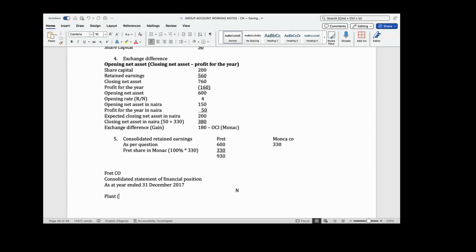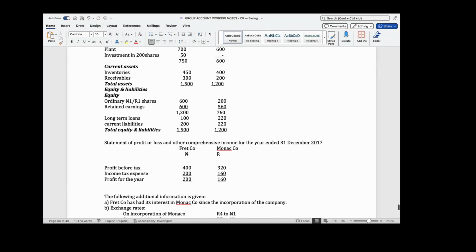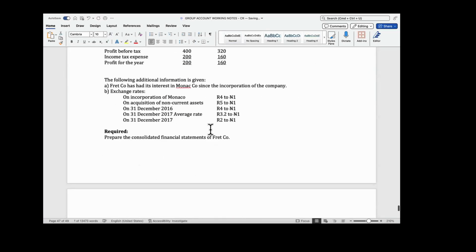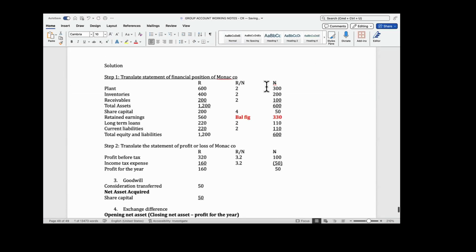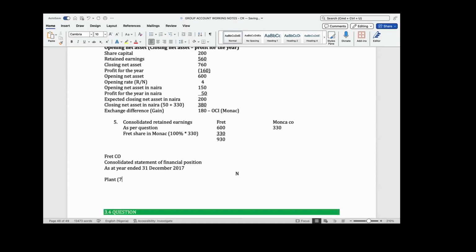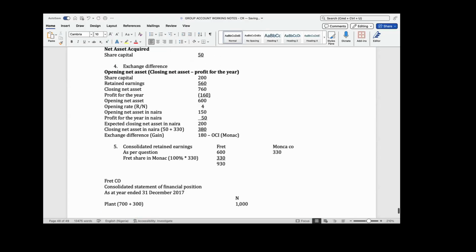The first item, which is plants, that would be 700 plus 300. That gives us how much? 1,000.